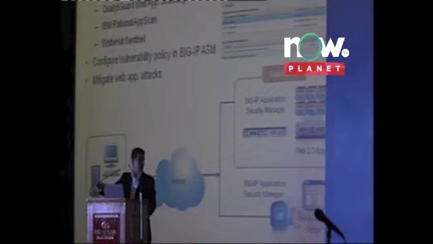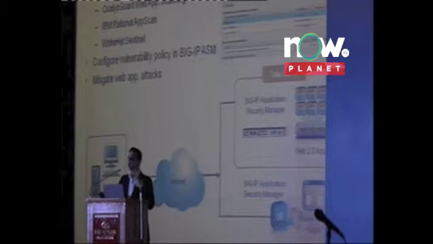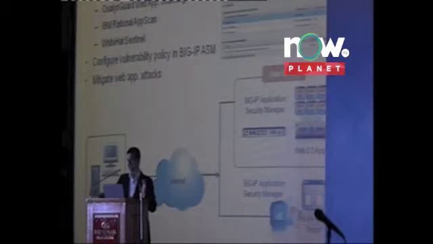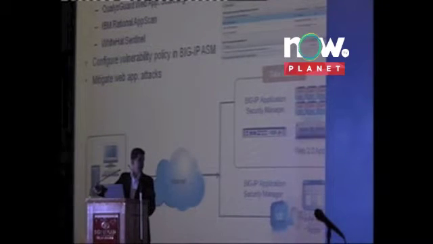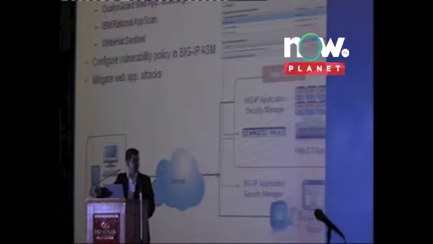So when an attack is detected, the integration policy automatically sends the command to F5 solutions, which update the policies and apply them. And basically, the attack is blocked automatically.